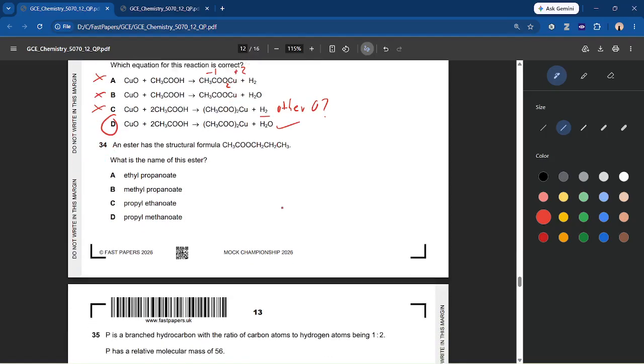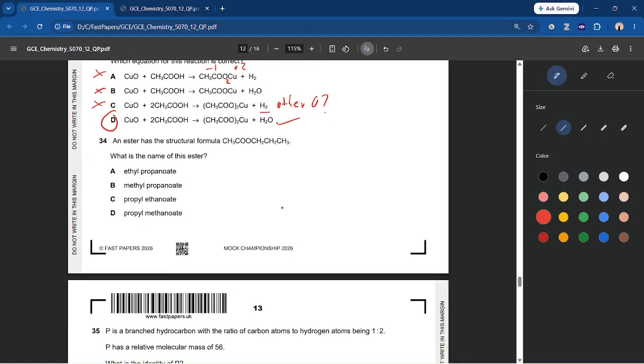An ester has the structural formula CH3COOCH2CH2CH2CH3. What is the name of this ester? So let's take a look at how it's formed. So CH3, COOC.